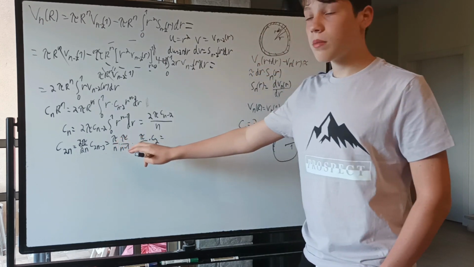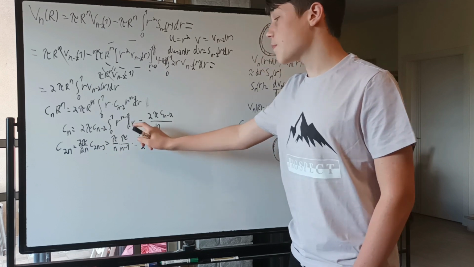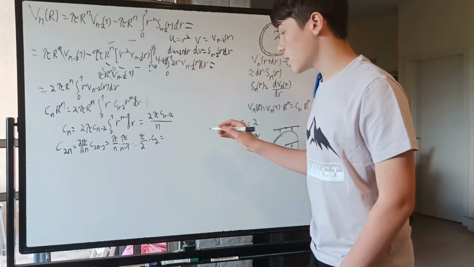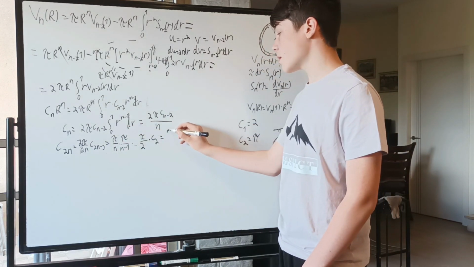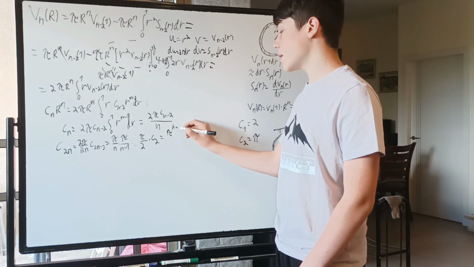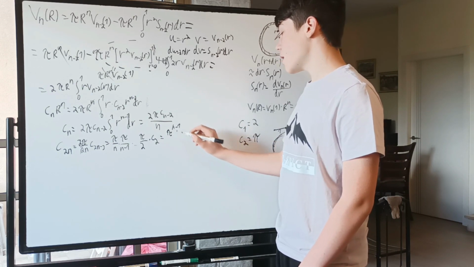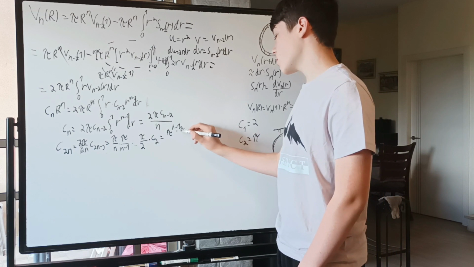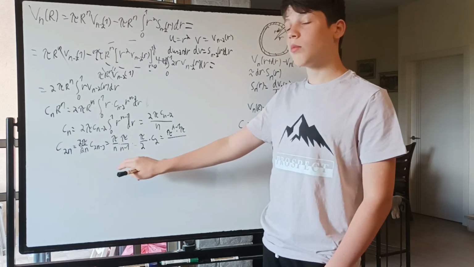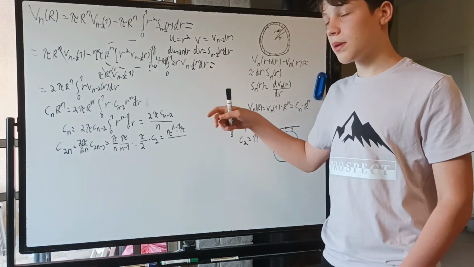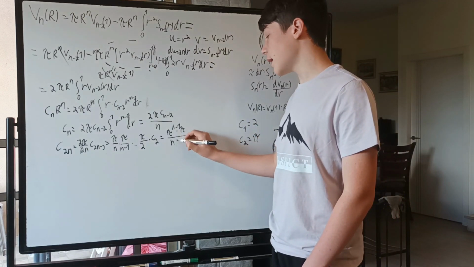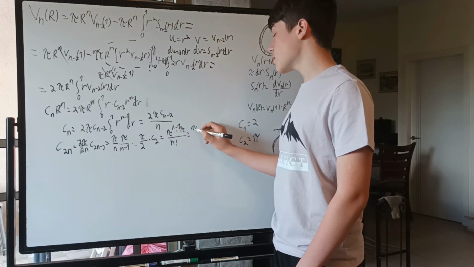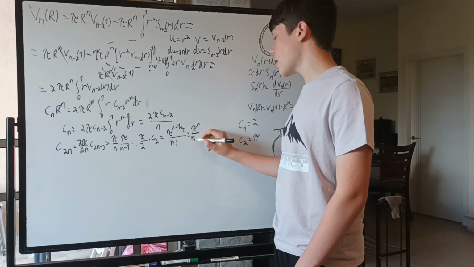Now notice we're multiplying a product of n minus 1 terms. So this is just going to be on top pi to the n minus 1, and then C_2 is pi, so we'll multiply it by pi. In the bottom we have n times n minus 1 times n minus 2 up until 2. This is exactly n factorial. So this is pi to the n over n factorial.